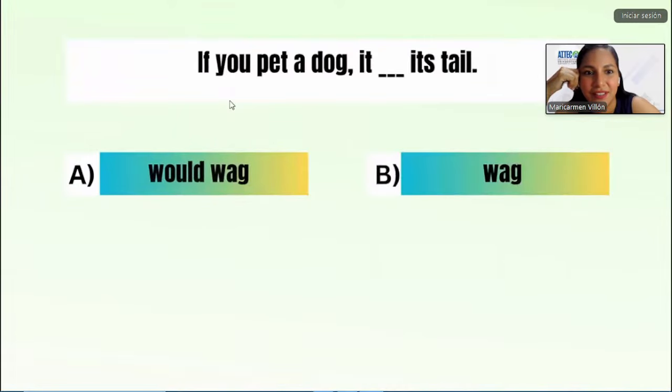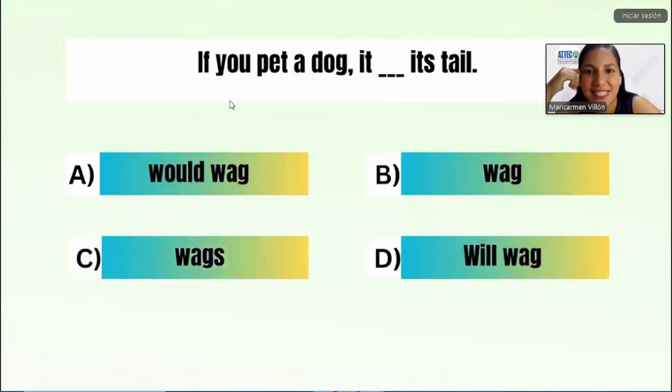If you get a dog, wax, action of like mueve la colita.